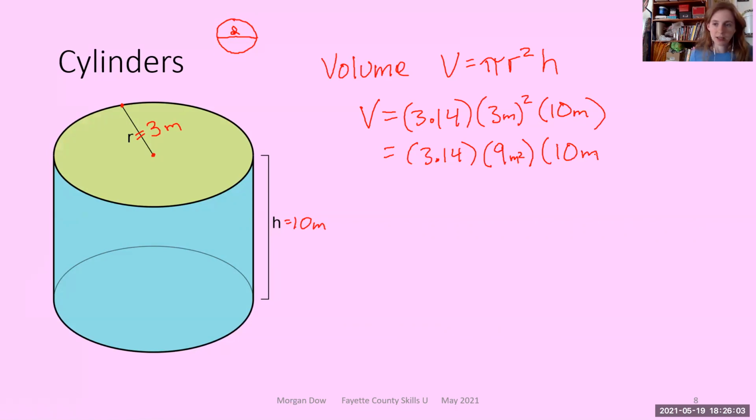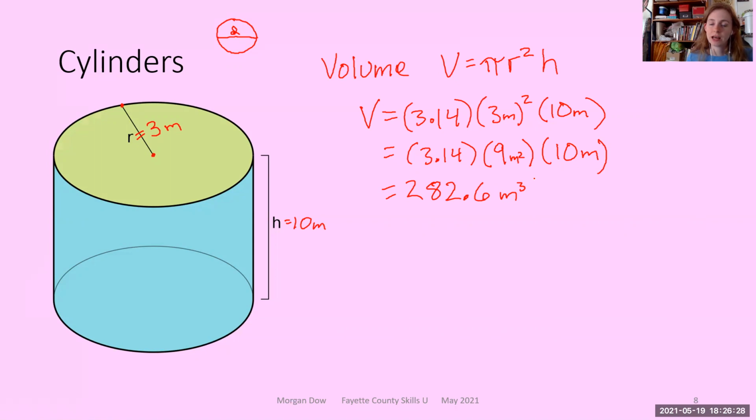So I'm going to use my calculator now. 3.14 times 9 times 10. So that gives me 282.6 cubic meters, because we're talking about volume here. So cubic meters.